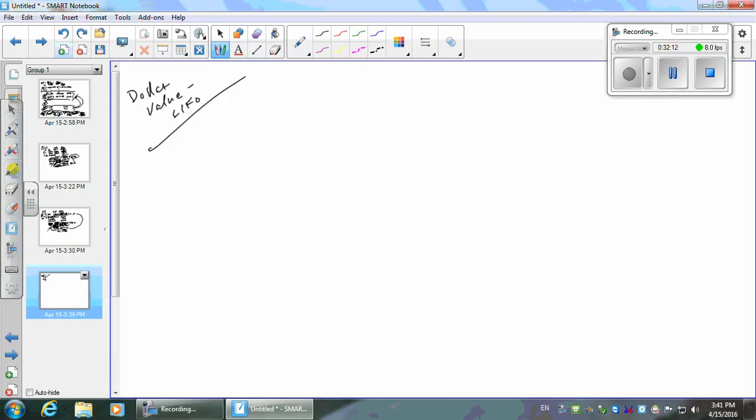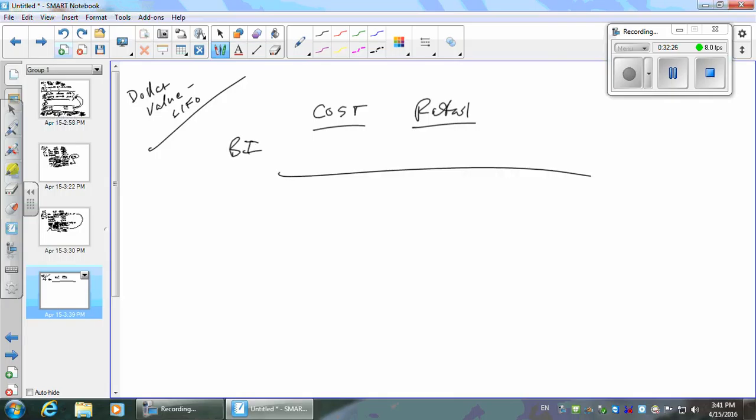All right. So what do we have? We've got cost and retail, right? Just like it was not dollar value. No different. Okay? What do we start with? Beginning inventory. So we separate the beginning inventory, right? Because it's LIFO. Okay? So it's 655. This one's 250.